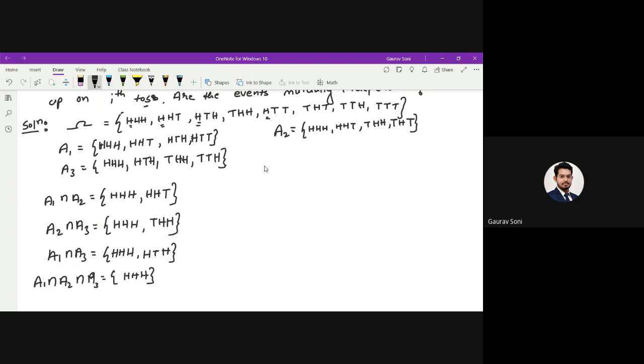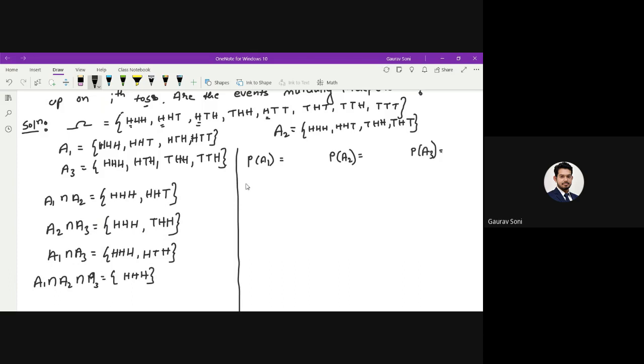Now, let's find out the probabilities. Probability of A1, probability of A2, probability of A3.